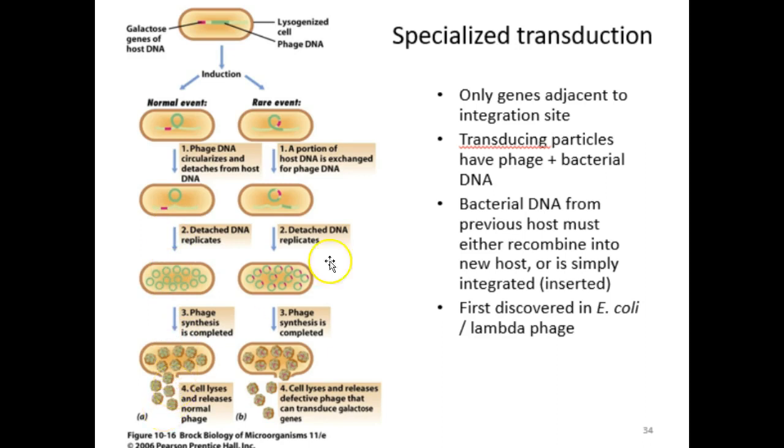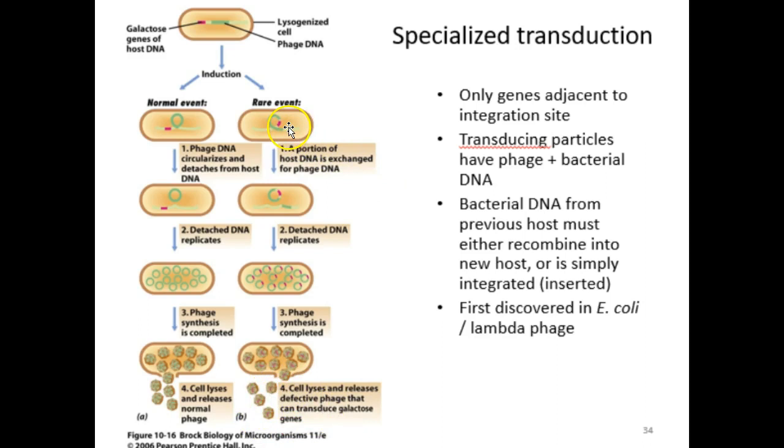Once in a while, though, this excision stage does not go correctly, and a bacterial gene located right next to the prophage DNA accidentally goes into the excised DNA that is then replicated, packaged up in phage, and released into the nearby environment.